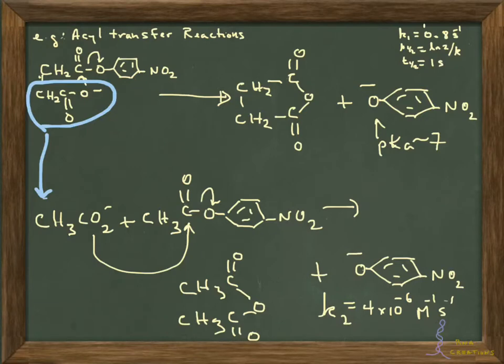Okay. So now, the game that people play is you compare those two rate constants. And when you do that, what people do is they take K1 and divide it by K2.